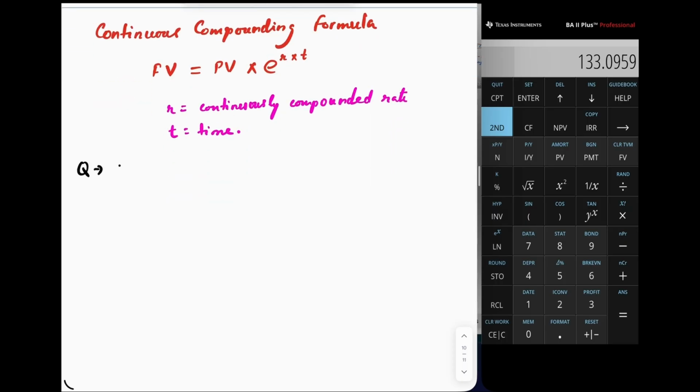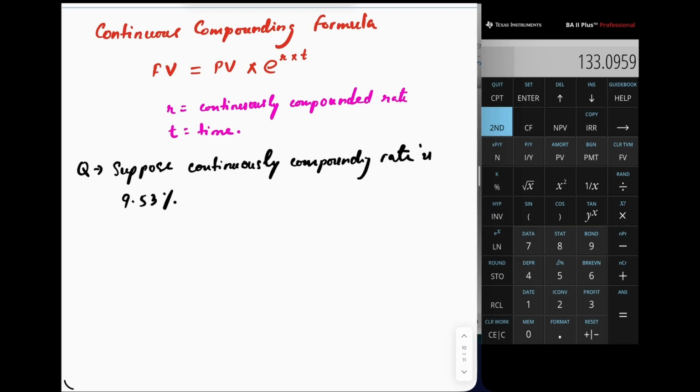Example question: suppose the continuously compounding rate is 9.53%. Just giving a random example.